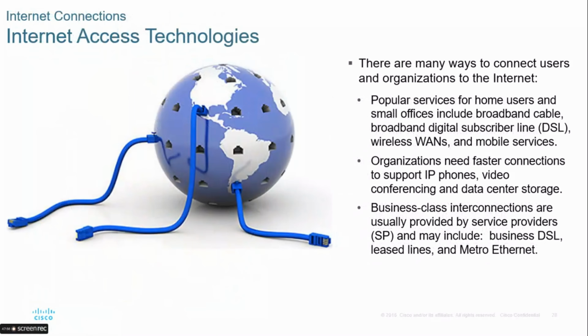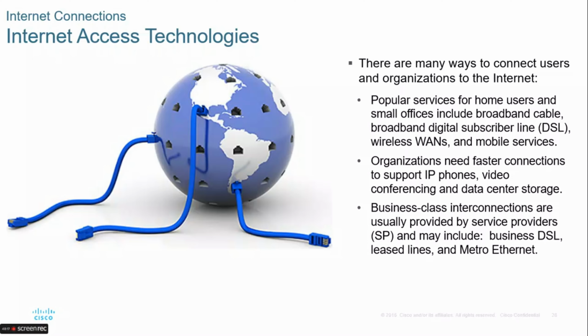So there are technologies that are used to access the internet, and these are the technologies used mostly by the service providers. There are many ways to connect users and organizations to the internet, depending even on the cost first.